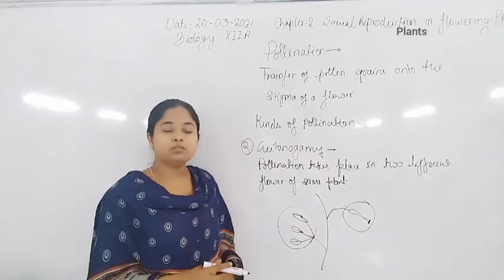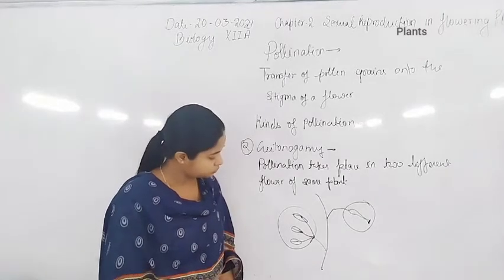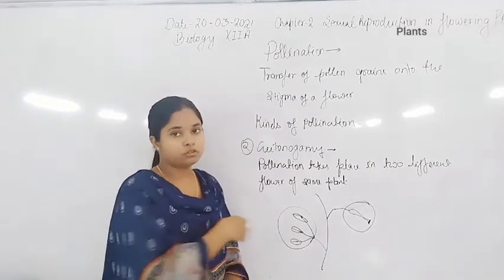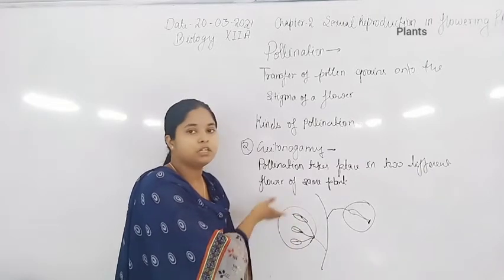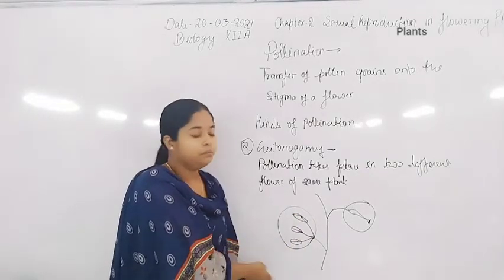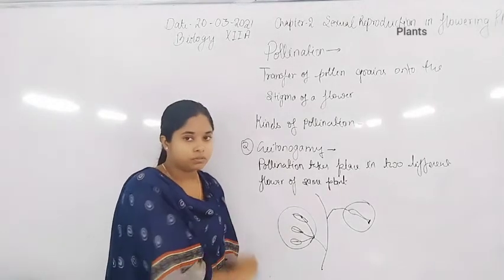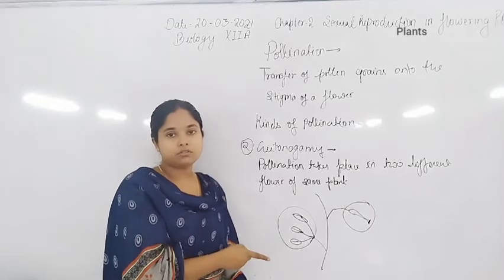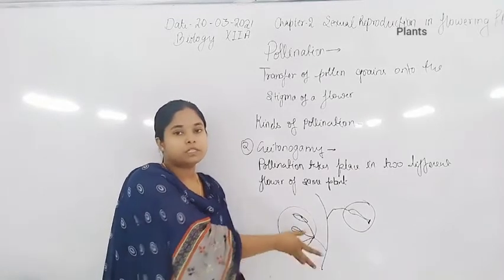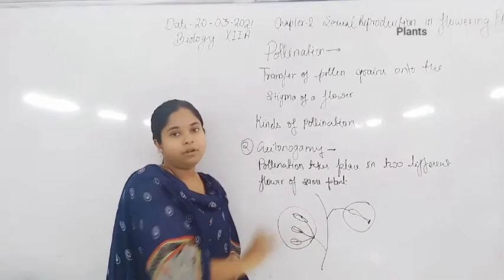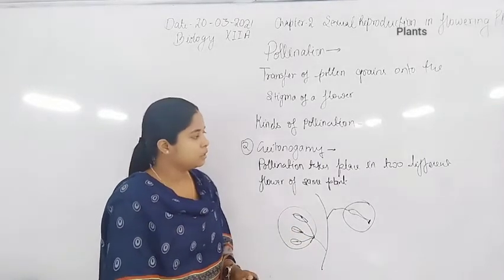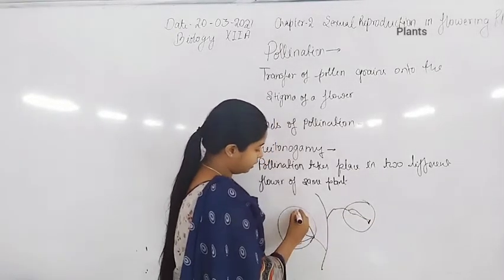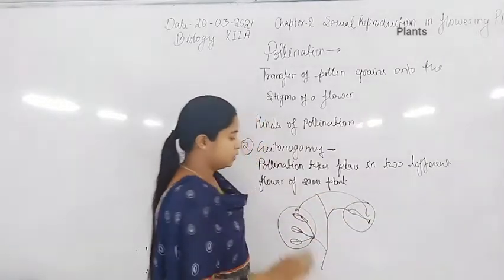This type of arrangement is also known as monoecious, because in a monoecious plant both male and female reproductive parts are present on the same plant, but the flowers are unisexual. So the flower is unisexual because male and female reproductive parts are present on two different flowers. That kind of flower shows zytonogamy type of pollination, because the anther of this flower transfers onto this flower.